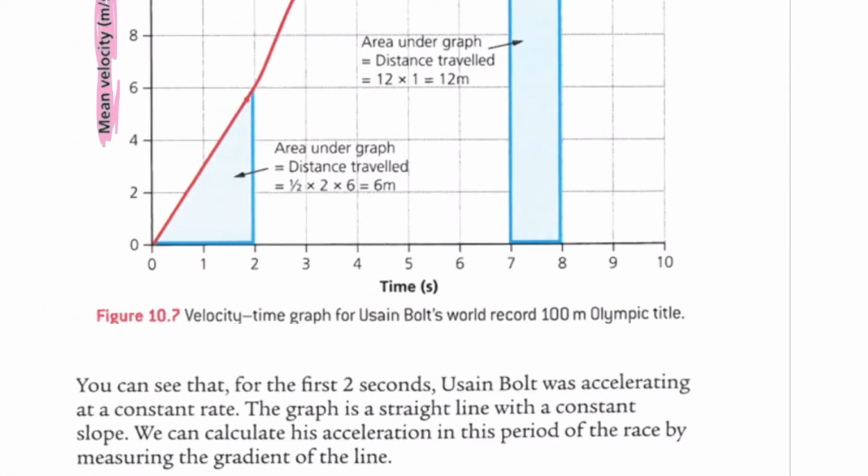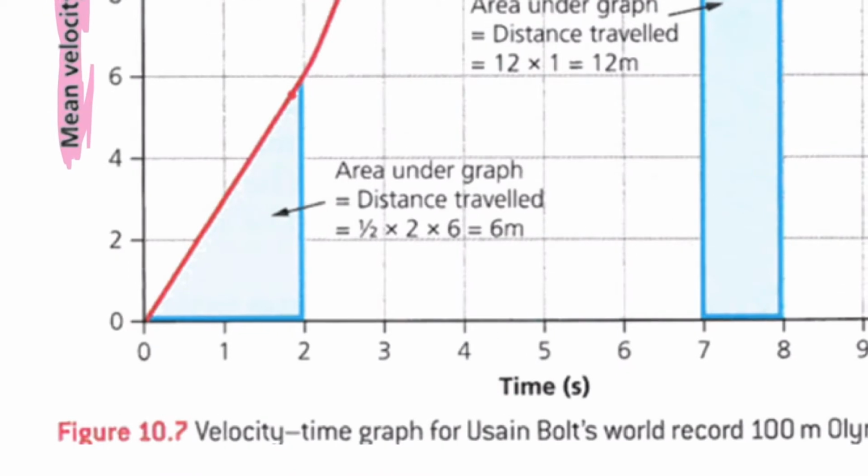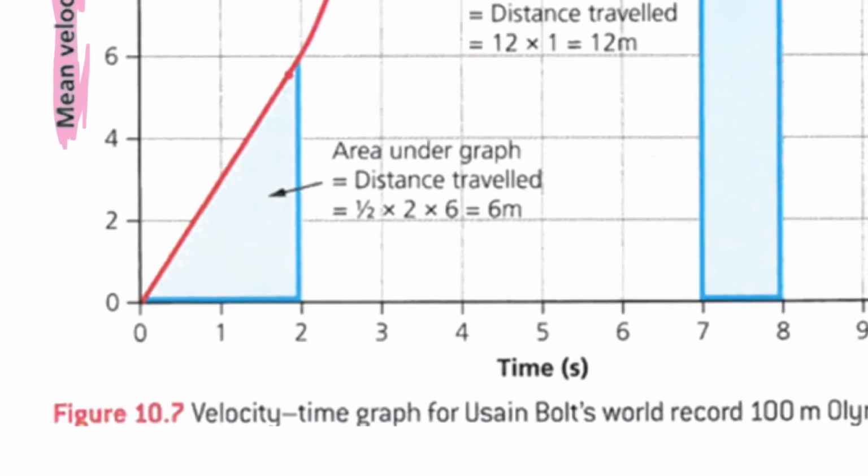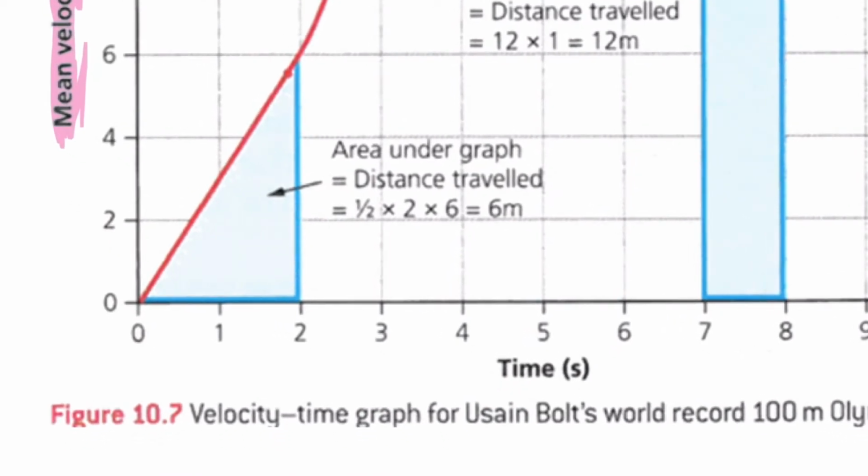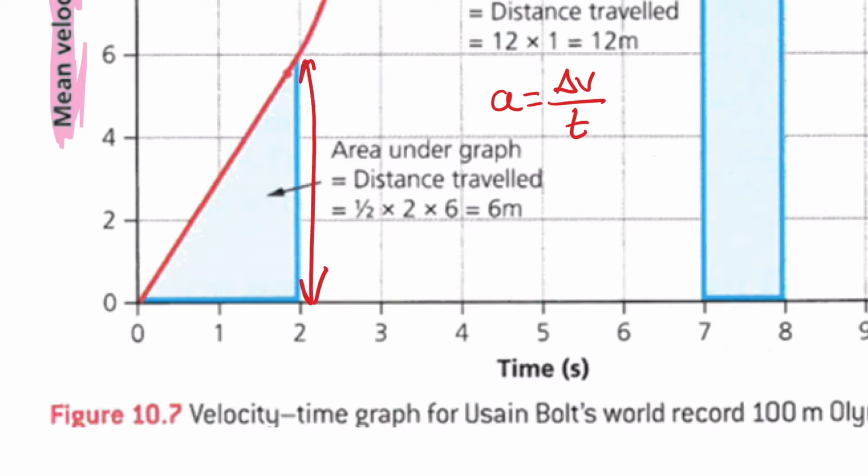And very simply, if you wanted to work out the acceleration, you look at the change in velocity, we show like that, divided by the time taken. If we wanted to work out his acceleration for the first 2 seconds, the change in velocity is this here, which is about 6 meters per second, and the time taken here is 2. 6 divided by 2, 3 meters per second squared.